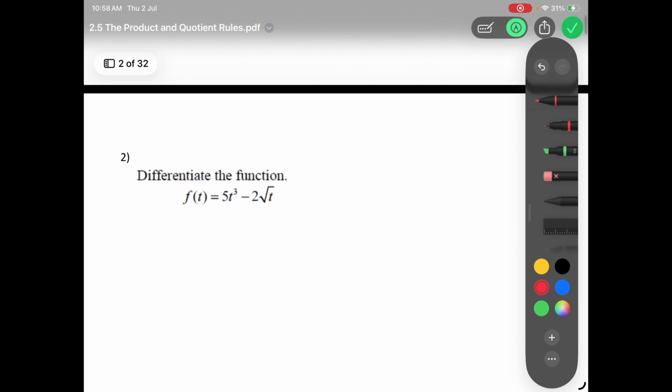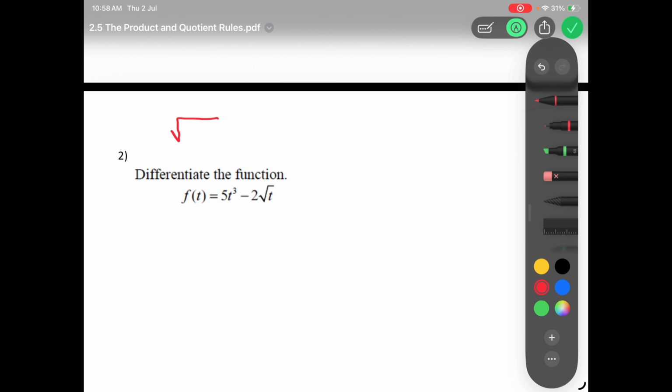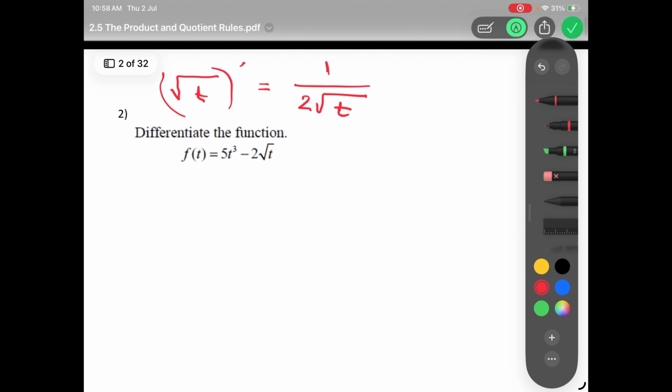So let us keep this here. If you differentiate radical t alone, the derivative of radical t is 1 over 2 radical t. If you know this, then we can do it directly. So f prime of t equals 15t squared minus 2 times the radical, which will be 1 over 2 radical t.